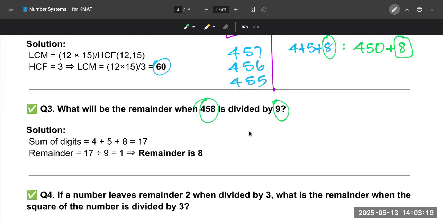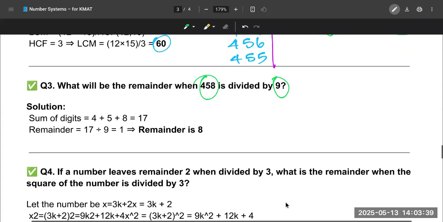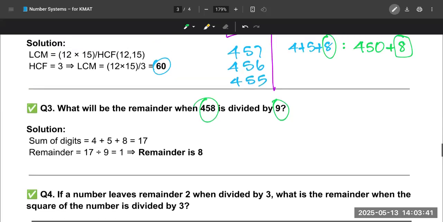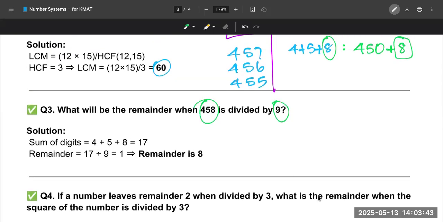If a number leaves remainder 2 when divided by 3, what is the remainder when the square of the number is divided by 3? To find the answer, we have to make a linear, one-degree equation.